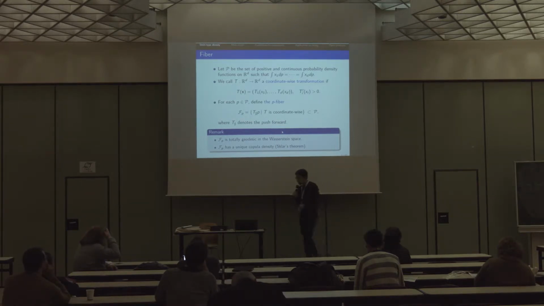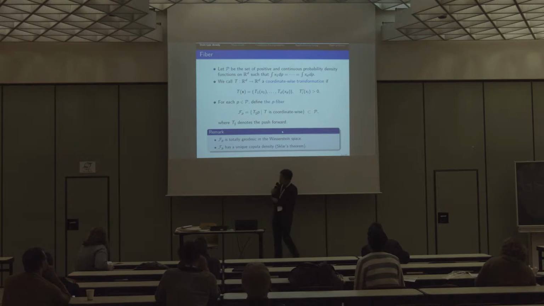First, let script P be the set of positive and continuous probability density functions on the Euclidean space Rd, such that the mean of each coordinate is equal. The last condition is not so essential.